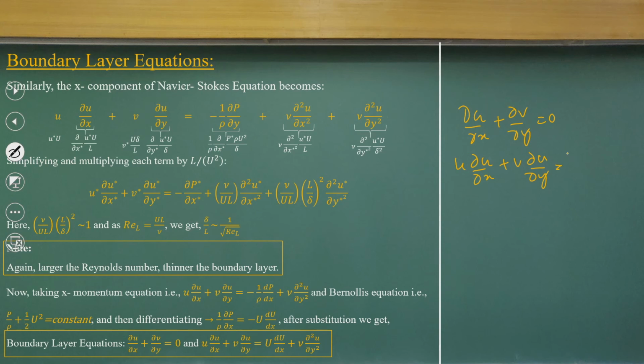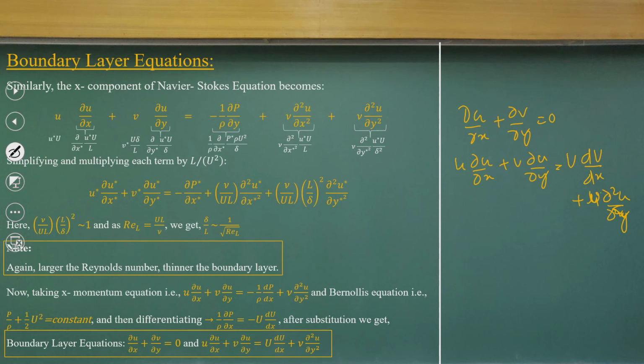When you apply it, you get the free stream velocity u du by dx plus the kinematic viscosity term times del square u by del y square.